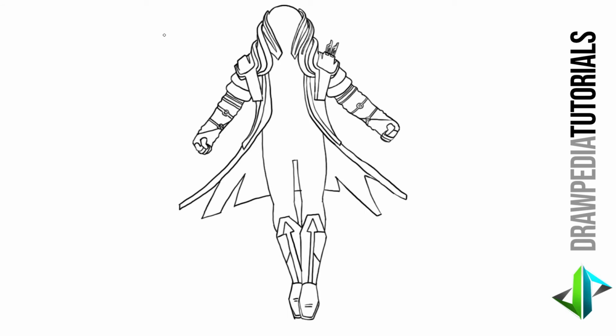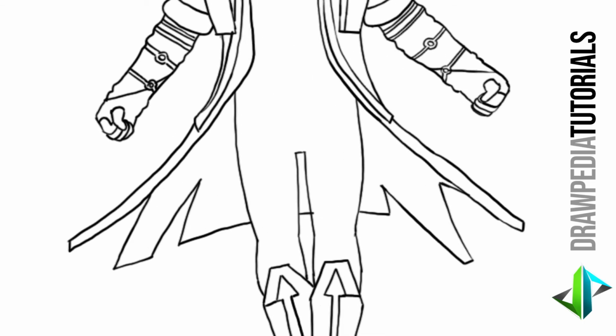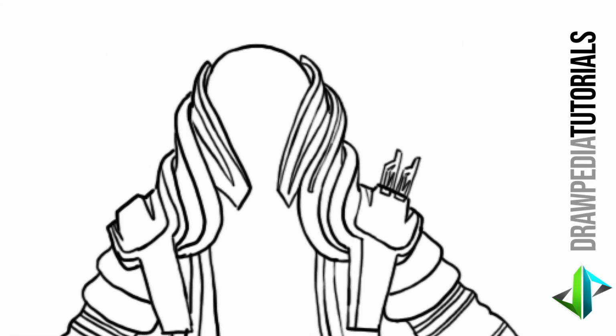And then for the details on his face, I'm gonna draw a circular shape in the middle of his face right here. And for the fragments surrounding that circle, we're gonna draw some random shapes.